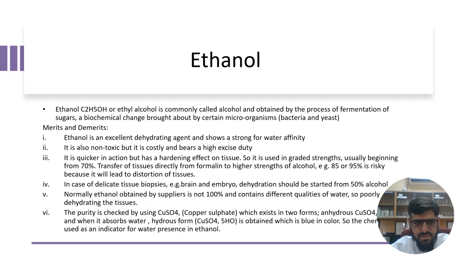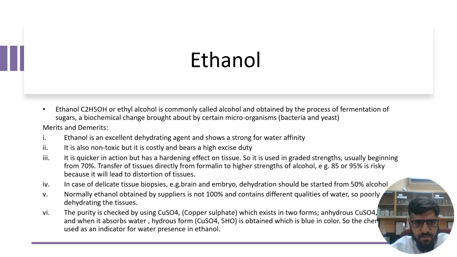Transferring the tissue directly from formalin to a higher strength of alcohol, that is 85 to 95%, is risky because it will lead to distortion of the tissue. In the case of delicate biopsies like brain and embryo, dehydration should be started from 50% alcohol.